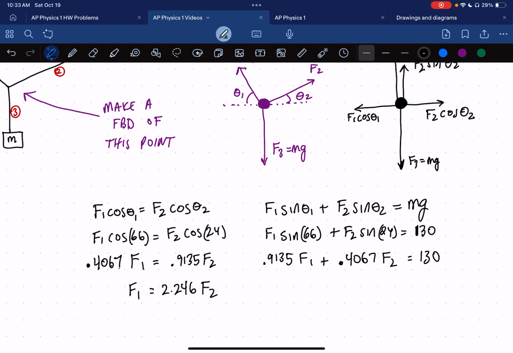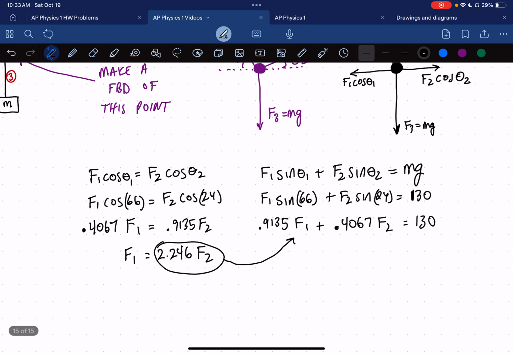I just divided the 0.4067 on both sides. I have a nice expression here. We will substitute here, that's 0.9135 times 2.246 F2 plus 0.4067 F2. And now we're just cleaning up the numbers, simplifying everything.